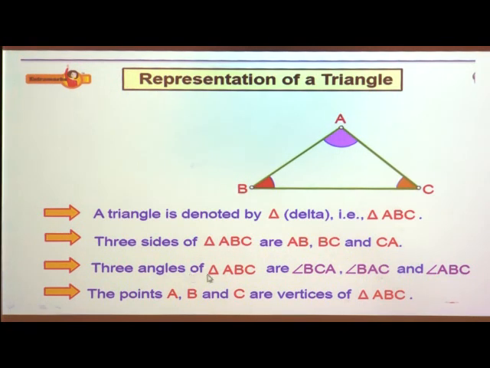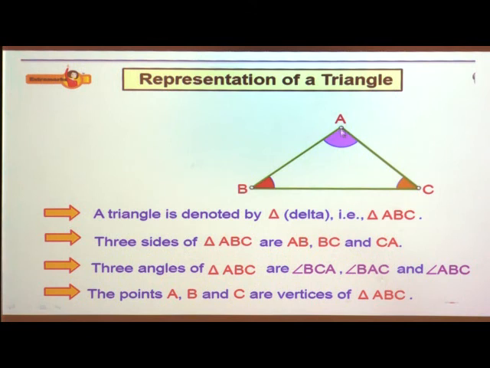Three angles of triangle ABC are angle BCA, where C is the common point where the angle is formed, then angle BAC, then angle ABC.